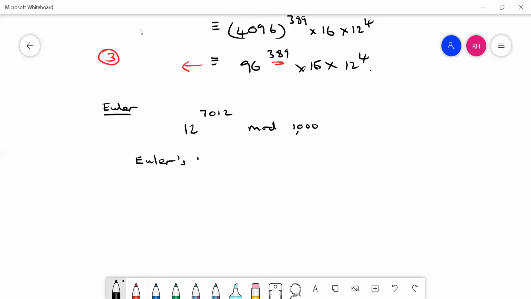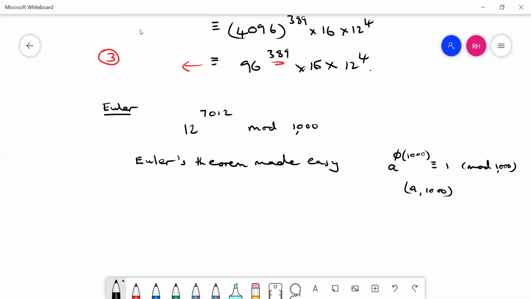Euler's theorem made easy. And that broadly tells us that a to the phi of 1,000 is equivalent to 1 modulo 1,000. And that's where the GCD of a and 1,000 equals 1.